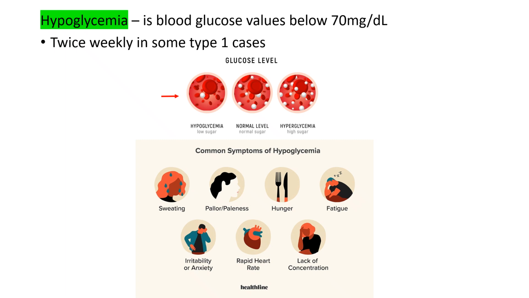Hyperglycemia is too much sugar in the blood. Hypoglycemia is not enough glucose in the blood. Anything below 70 milligrams per deciliter is too low. And people that have type 1 diabetes typically experience 1 or 2 episodes per week. These episodes would include sweating, paleness, hunger, fatigue, anxiety, rapid heart rate, and so on.